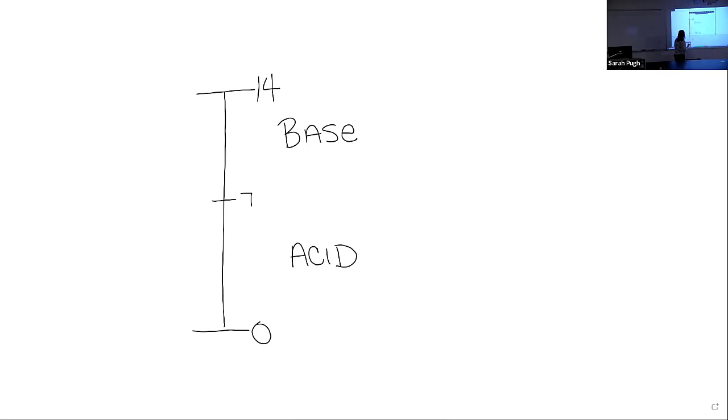Now, in reality, when we talk about the pH scale, we're really talking about hydrogen ions. An acid has a lot more hydrogen ions in it. A base has a lot less hydrogen ions.